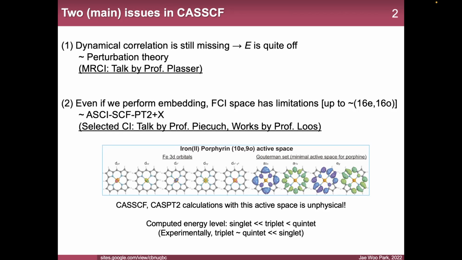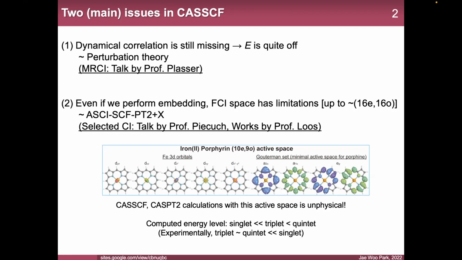So why is this needed? We can just do active space calculations with a reasonably small active space, chosen with physical reasoning, right? But that might not work for some systems, like iron porphyrin. We have an active space of 10 electrons in 9 orbitals, which is physically reasonable.